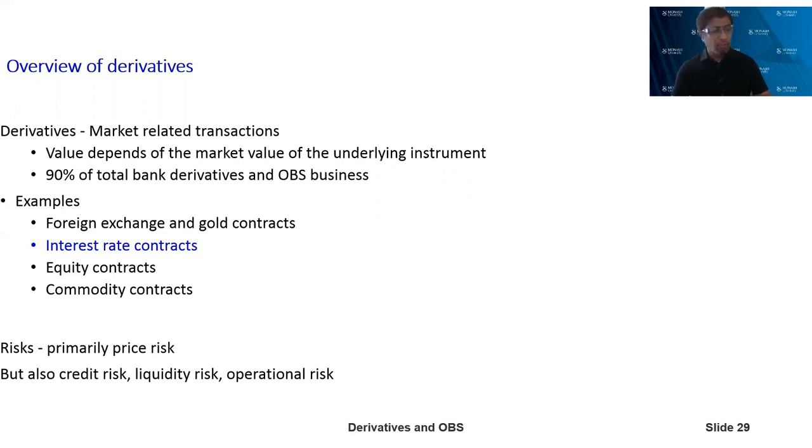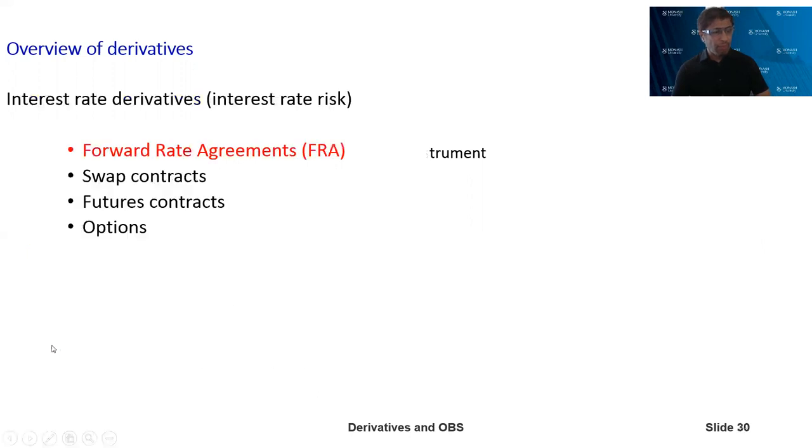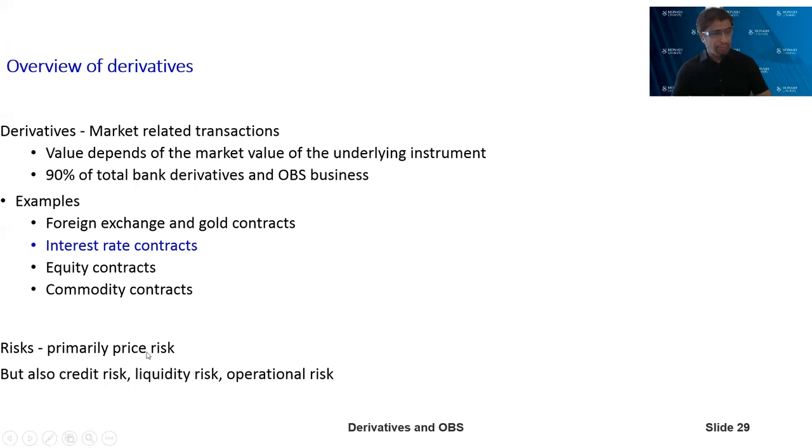Assuming tomorrow it is 85, now that is an increase of $5 in the underlying asset. If you are a seller of this contract, of course, you will be subject to losses, and you have to pay the $5 difference to the buyer of this contract. So this is what we call the primary risk, which is the price risk.